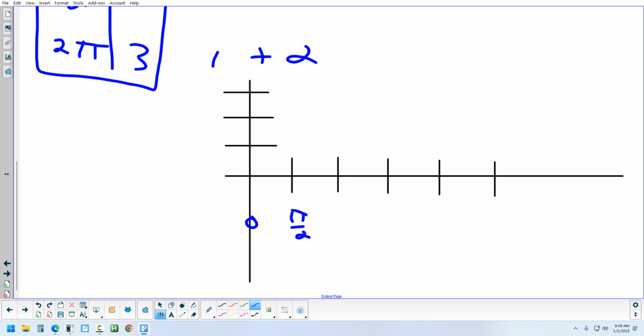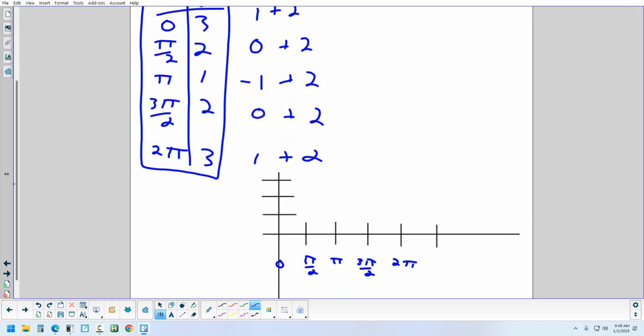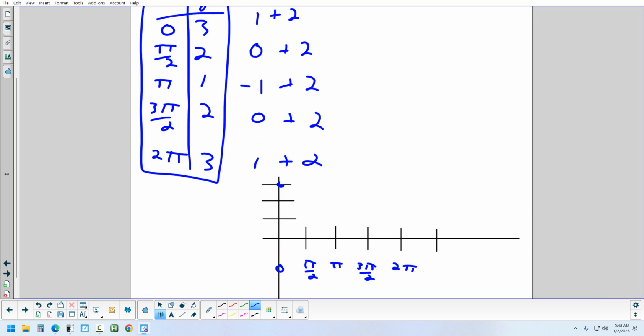You don't need to on the y unless you want to, because we're going to go by ones. Okay, so we got 0, 3, 2, 1, 2, and 3. And remember, with cosine, you're getting that middle part of the wave, so just make sure it has a curve to it. Like that.